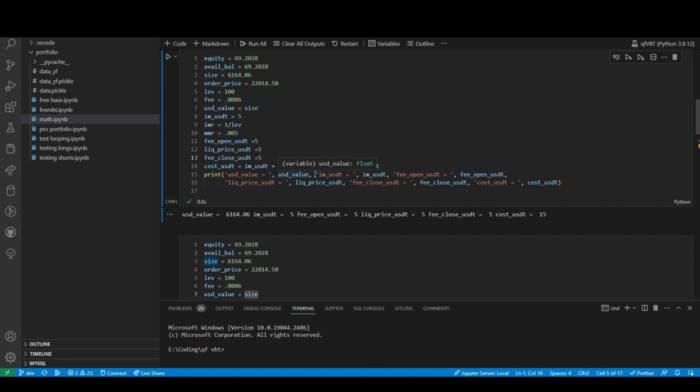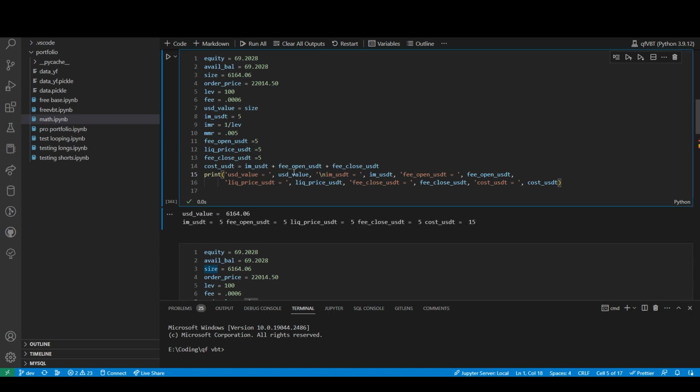Okay. Alrighty. Oh. What? Why is there a space there? That's so weird. Okay.